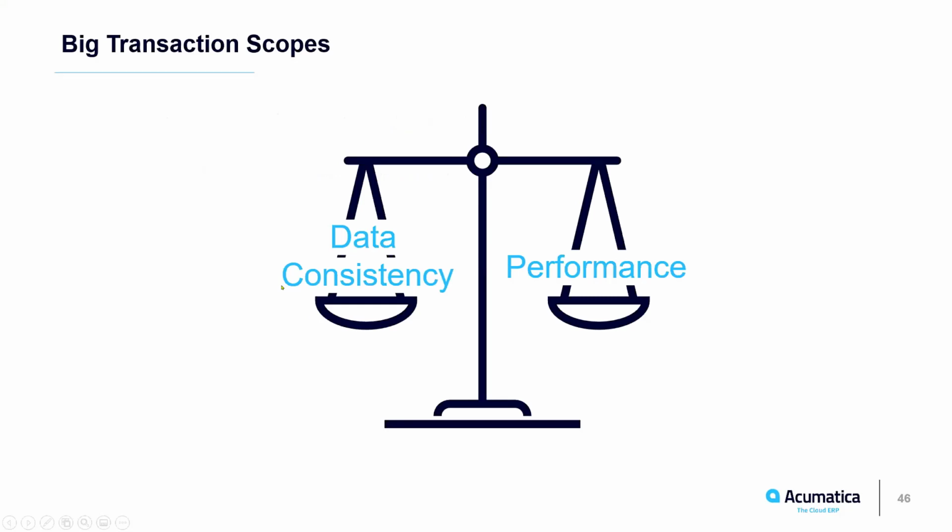So what you can do with that, you can actually just cut the transaction scope into pieces. But again, you need to remember, you do not sacrifice data consistency where it's critical to get more performance.